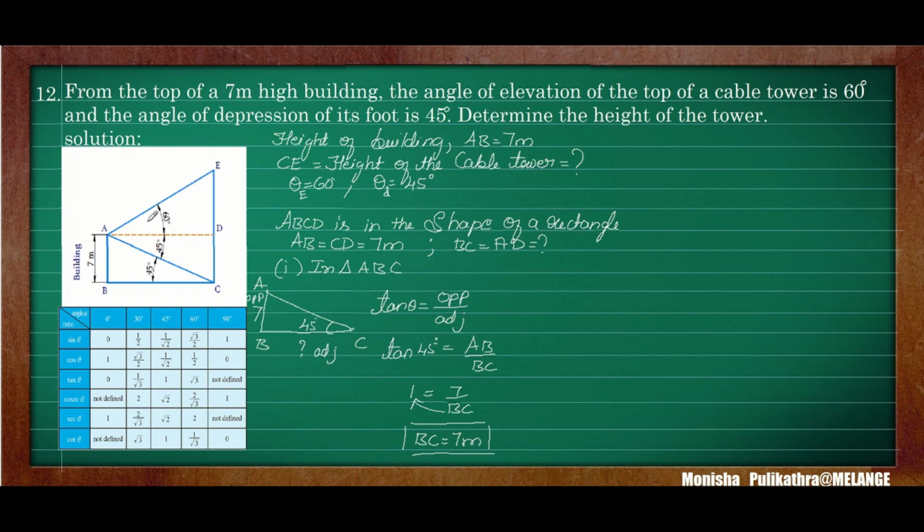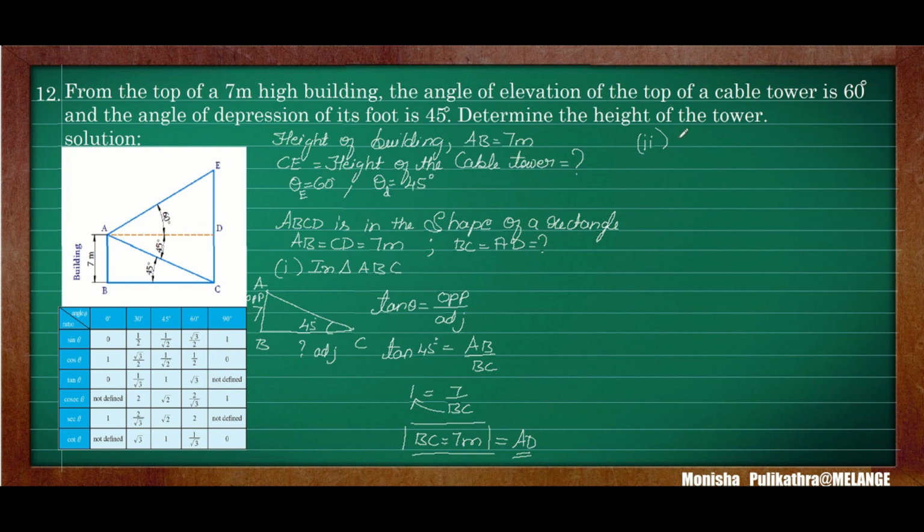If BC is 7, then AD is also 7 because opposite sides are equal. So BC is equal to AD because both are opposite sides. We already know that BC is equal to AD. So in the second case, I will be taking the triangle ADE.